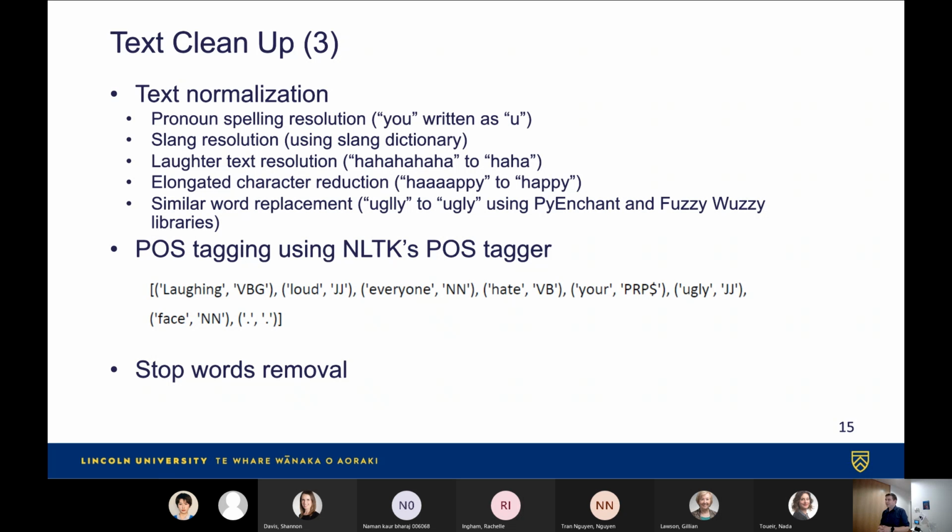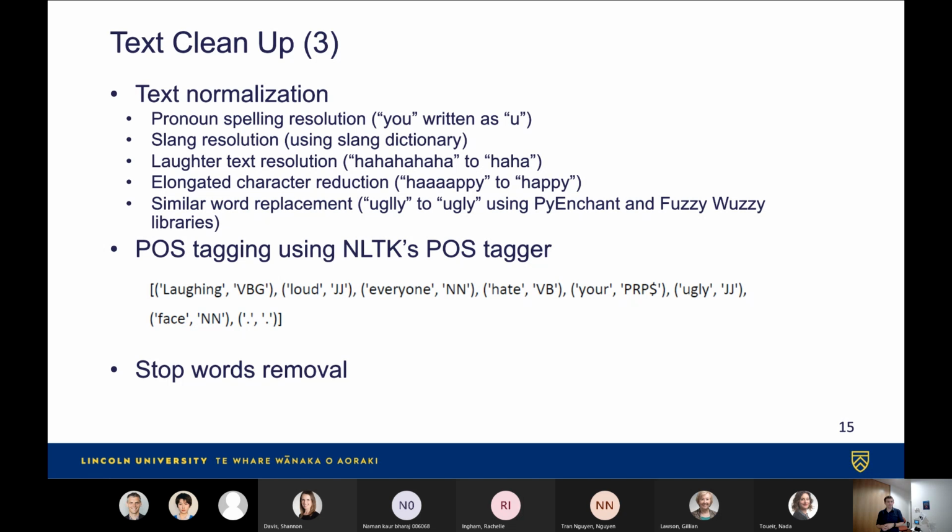As Pat mentioned, we don't write beautiful words when we're communicating by text or social media. We use a lot of shorthands and codes. And so we've got to resolve all of those into words that are in our dictionary. We've got to collapse elongated words, and we've got to swap out misspelt words or words that are similar to each other, but one spelling doesn't match in the dictionary.